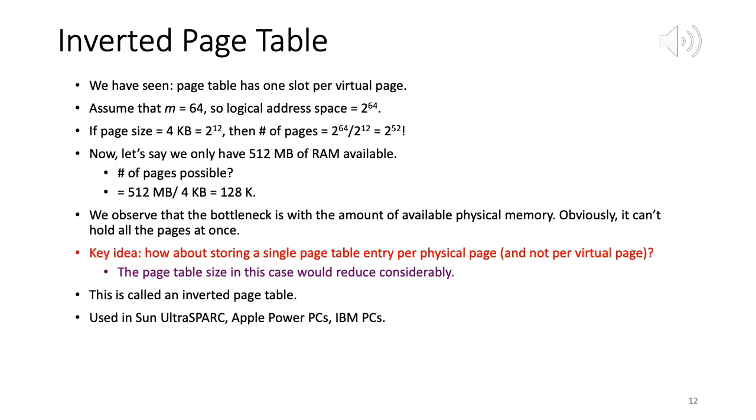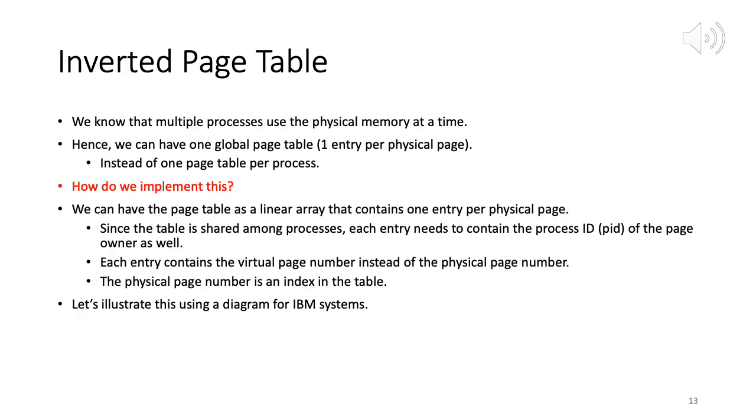This is called an inverted page table. The advantage is the page table size reduces considerably, because obviously the physical memory is much smaller than the virtual memory. This inverted page table is used in Sun UltraSPARC, Apple PowerPCs, IBM PCs, and other kinds of architectures also. Okay.